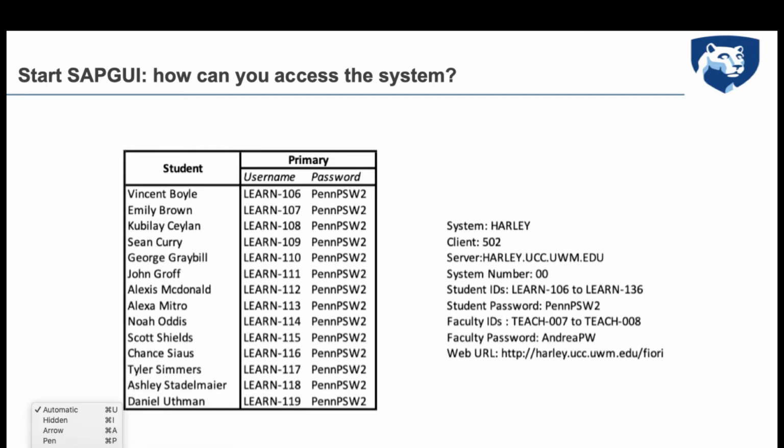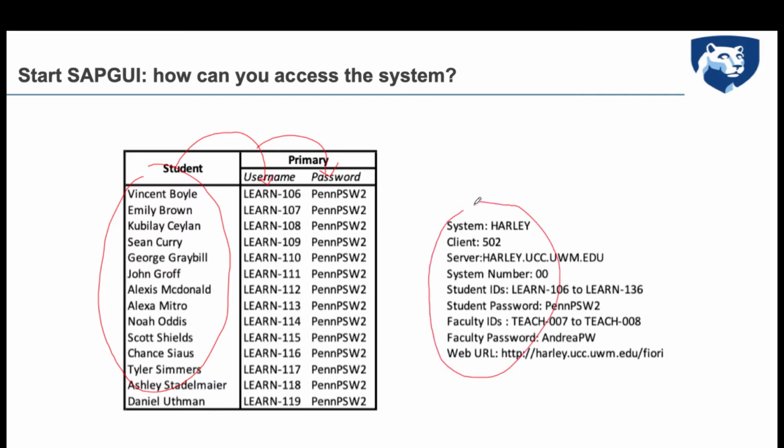These are your names. Each of you has a username and a password. Whenever you log in the first time, you will be asked to change the password, and these are the main information. These are all uploaded on the website.